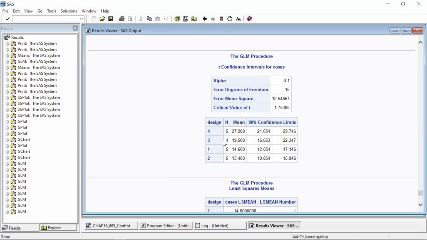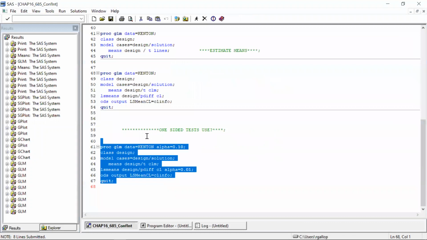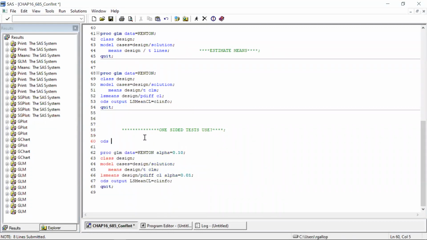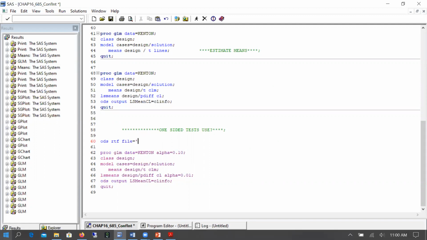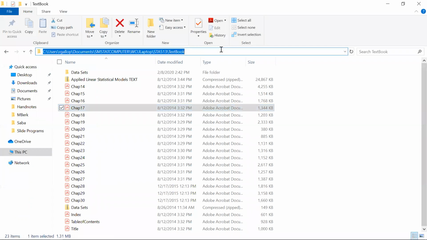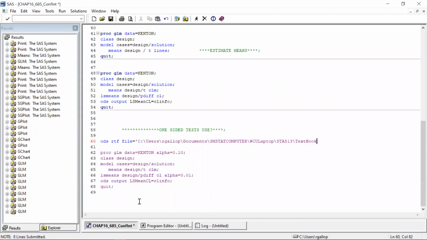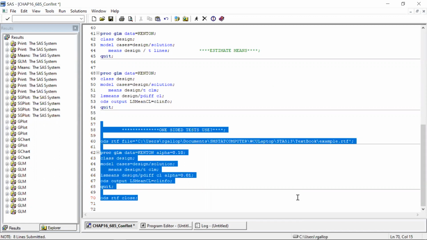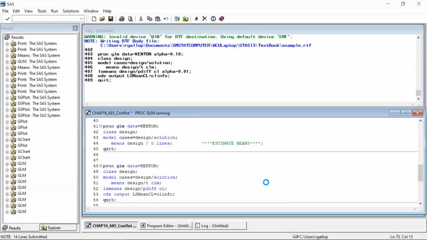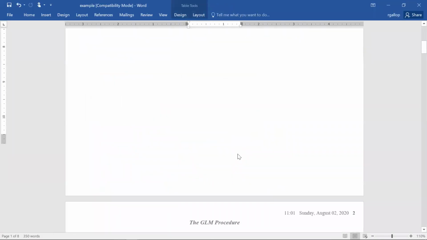So in this case, let me go ahead and take this portion of the output.